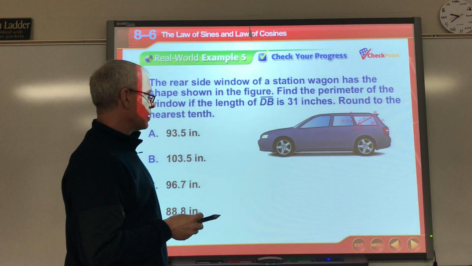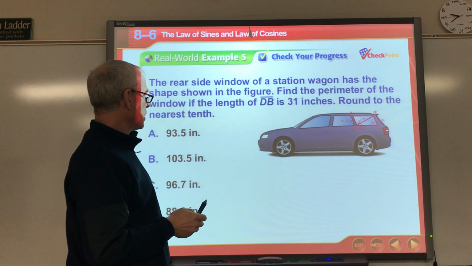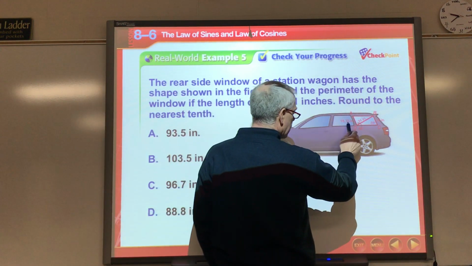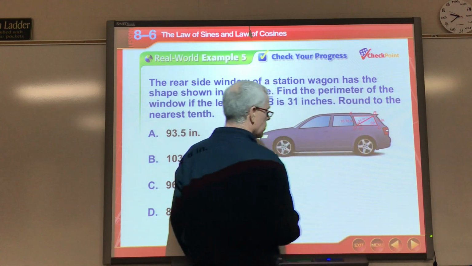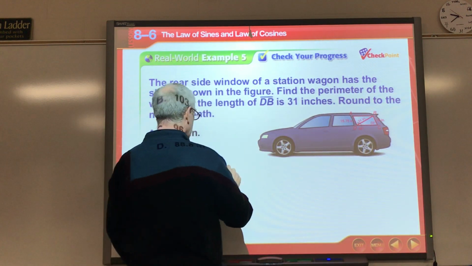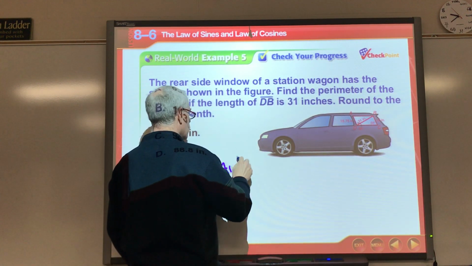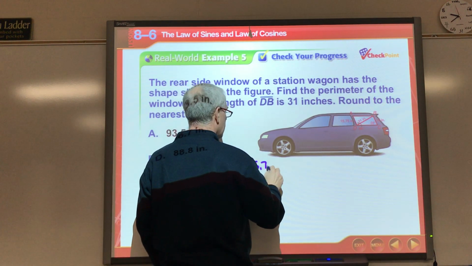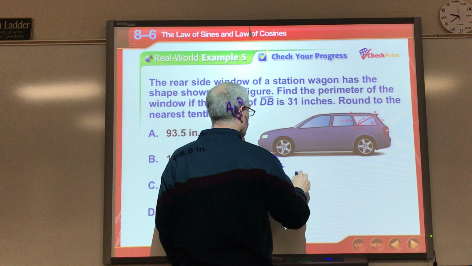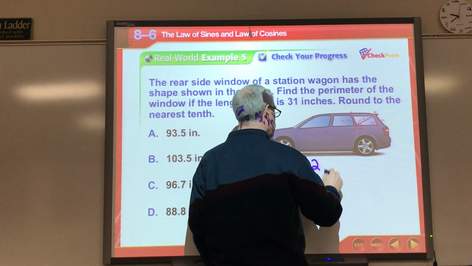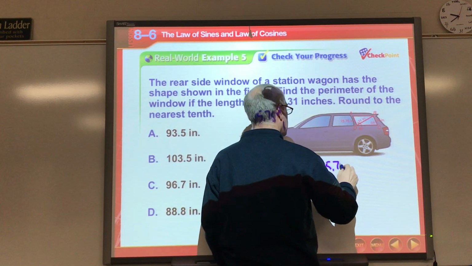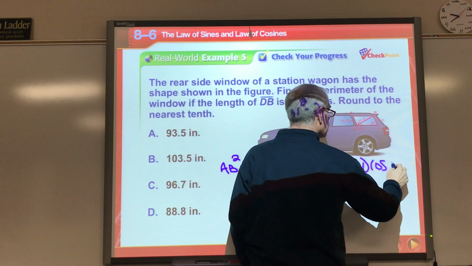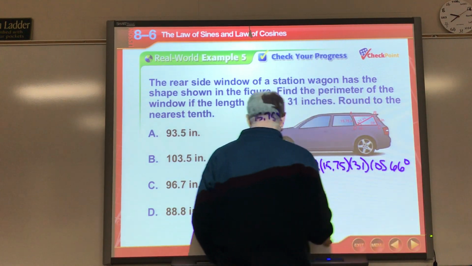Let's look at the top triangle there. I've got a side angle side situation, because I've got this, the 66, and then this, so I could find AB. And so I could say that AB squared is equal to 15.75 squared plus 31 squared minus 2 times 15.75 times 31 times the cosine of that 66 degrees.